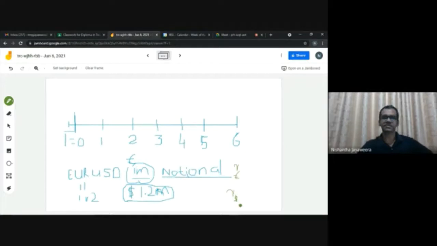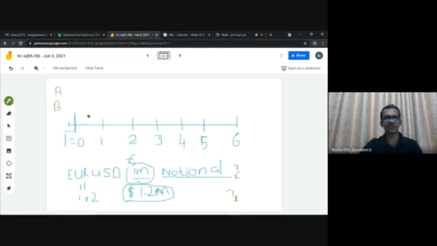Why? This is like, say we have two parties, party A and party B. This tries to replicate borrowing and lending, but it's not exactly borrowing or lending. That depends on whether you exchange the principal or not.